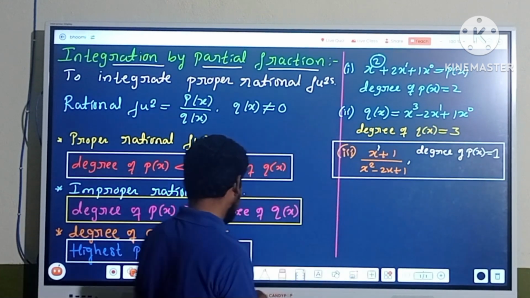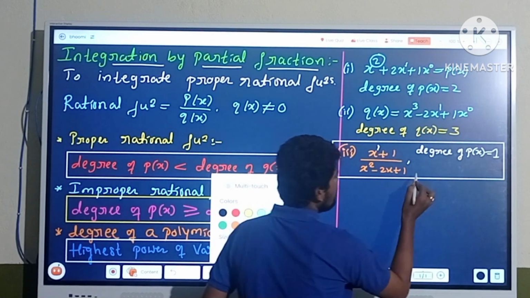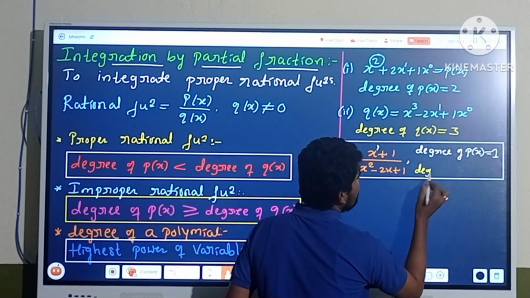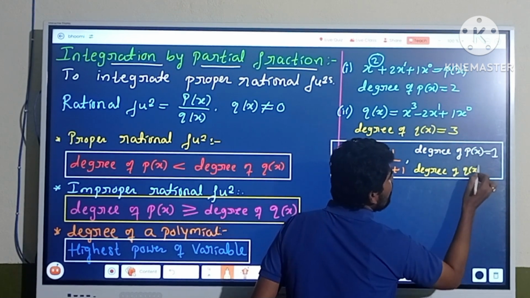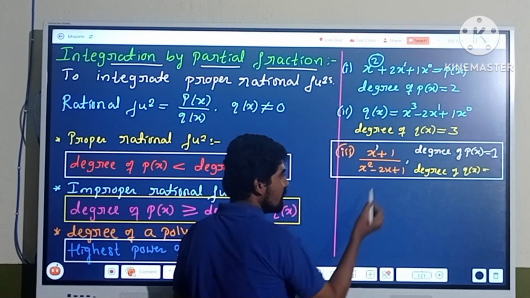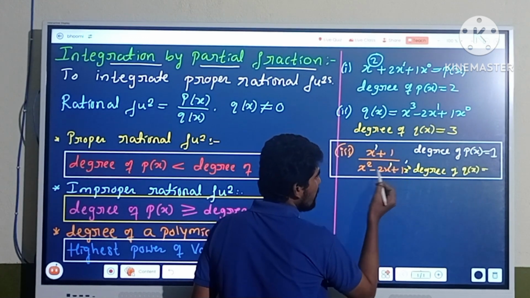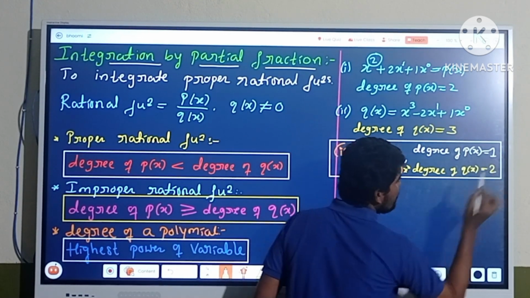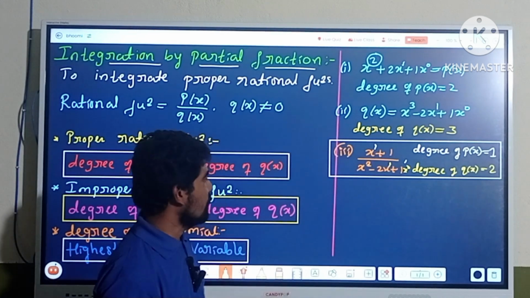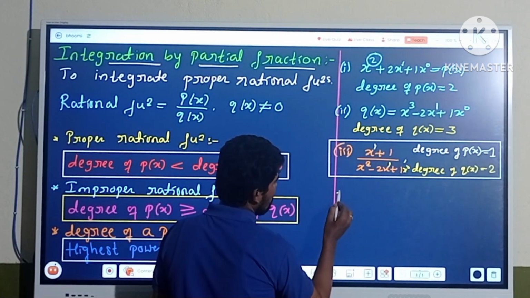And the degree of the polynomial qx, the polynomial in the denominator: the powers are 0, 1 and 2. The highest power is 2, therefore its degree is 2. I hope all of you are understanding. Let us consider one more example.